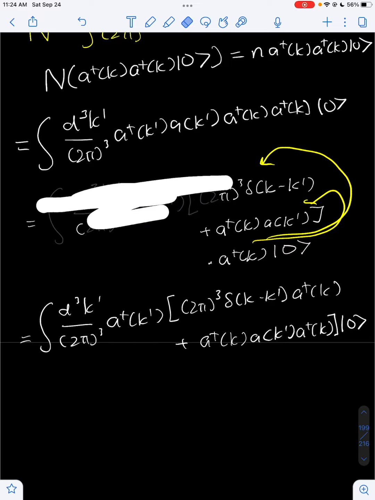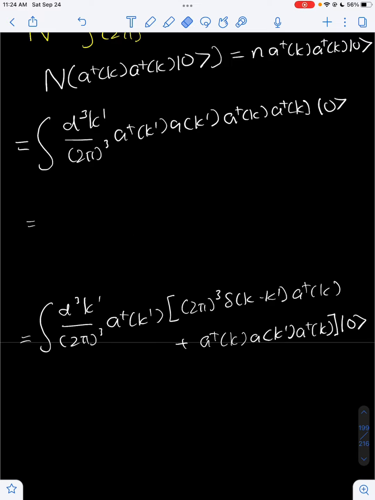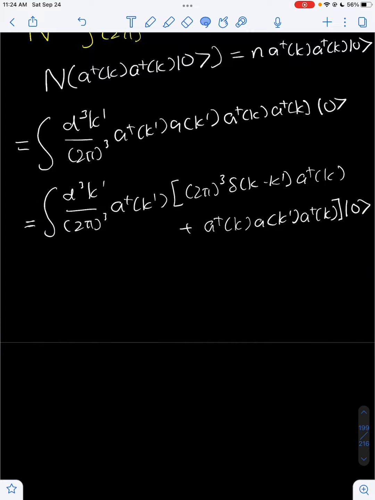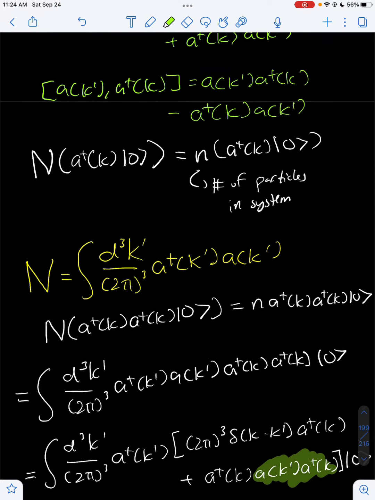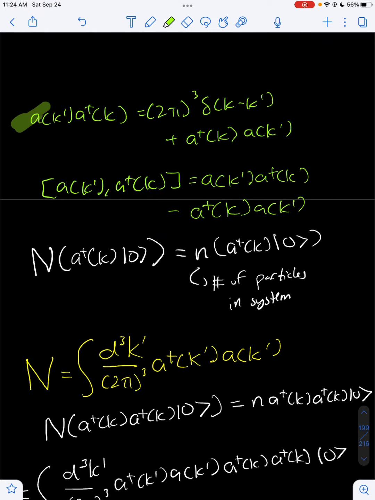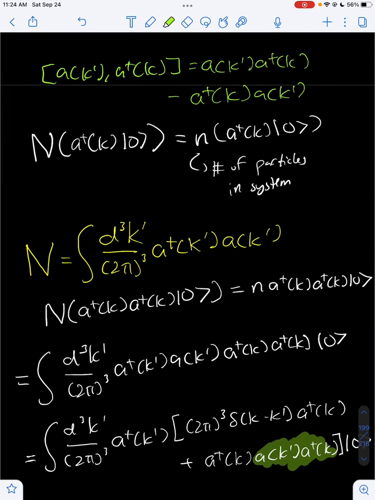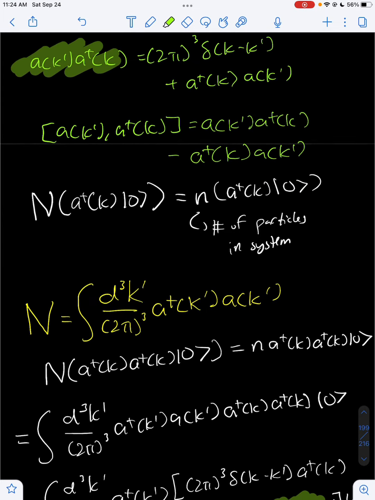Let's just erase this to make some more space, and then move this up. So we can again see something pretty familiar. We again have this A of K prime, A conjugate K term, which is exactly this over here. So again, we can just use those commutation relations, and by doing that, we are going to get.